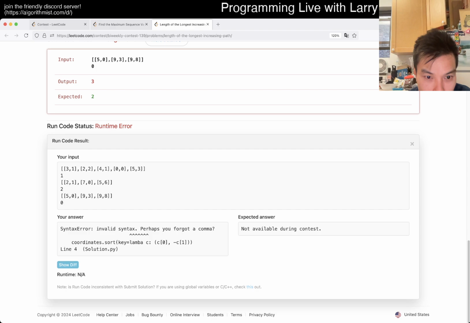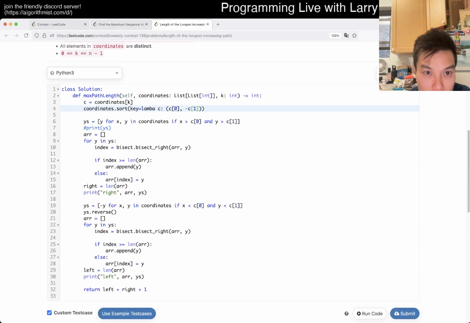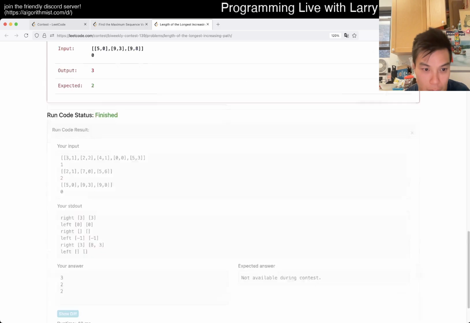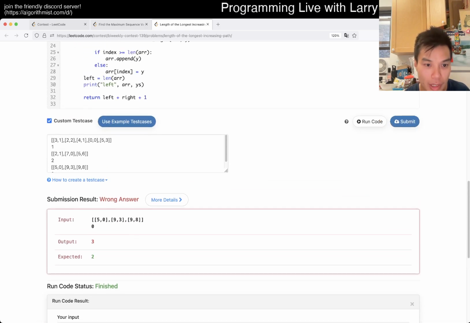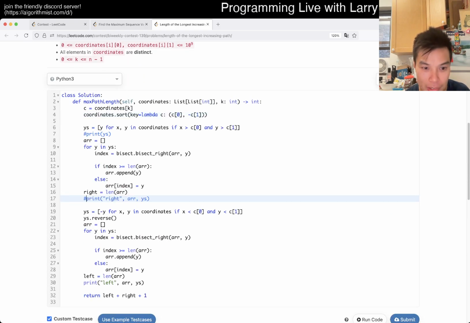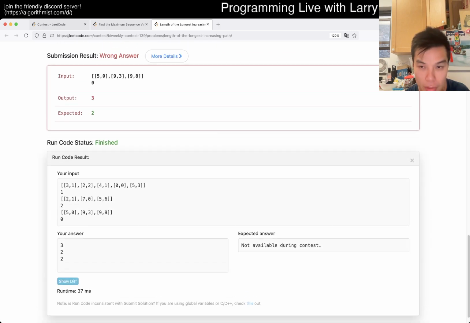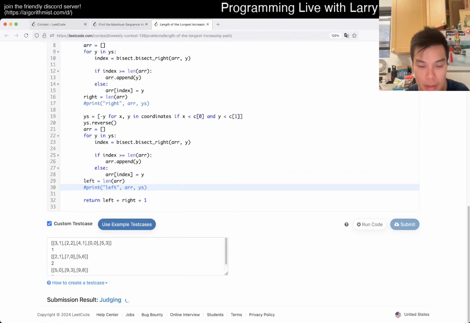What am I missing a comma on? Key is equal to lambda. Three, 2, 2. Okay, that's just like a Dota thing, I guess. 3, 2, 2. That is a silly mistake on my part, though. Okay. YOLO submit.